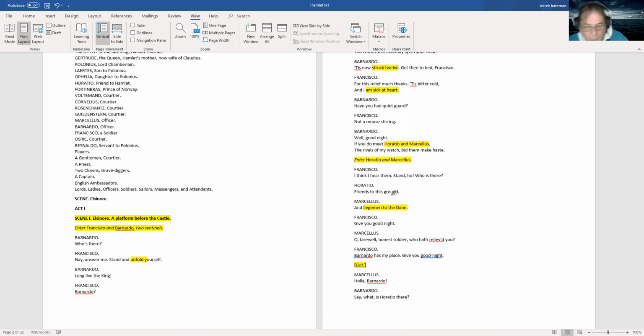Okay? So again, this is review, because we went through this in our previous two plays, and of course we've done Shakespeare before. So where do we start? Elsinore, a platform before the castle. We're in a castle setting. We see that who come in is Francisco and Bernardo, who are two sentinels, guards for the castle.